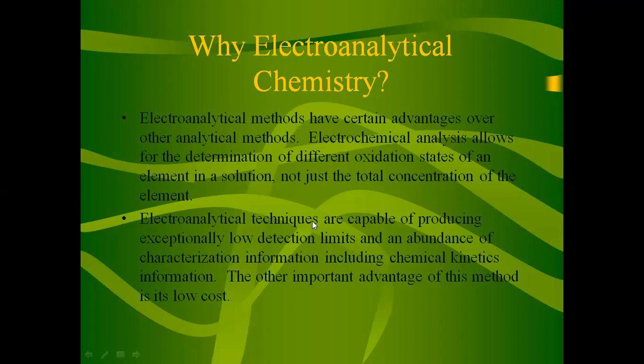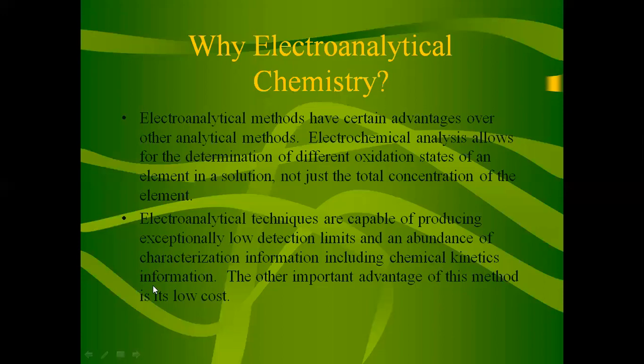This technique is capable of producing exceptionally low detection limits. So we can measure even minute quantities of the oxidizing and reducing properties of those elements. Even if the solution is very dilute, we can measure its current flow properties in minute quantities. It also includes chemical kinetic information.